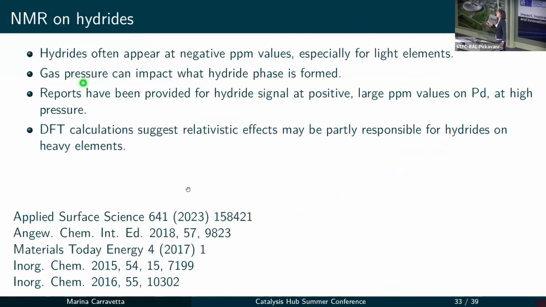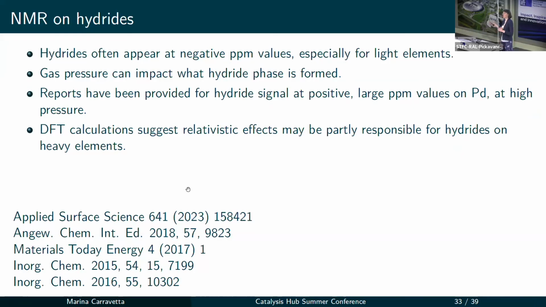Now, hydrides in NMR very often appear at negative ppm values, especially if you have the hydrides of light elements. The exact position of the peak depends on the pressure, and that has been reported, so it's a well-known fact. But actually, for palladium, there were reports of a different behavior with respect to the hydride formation.